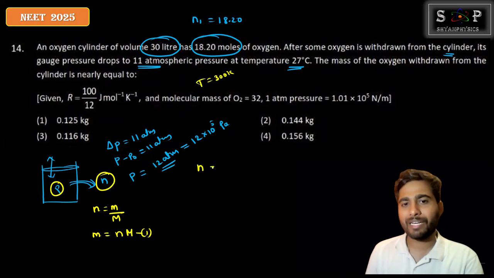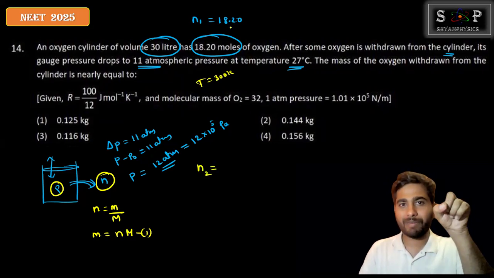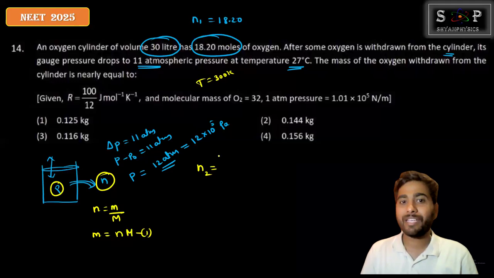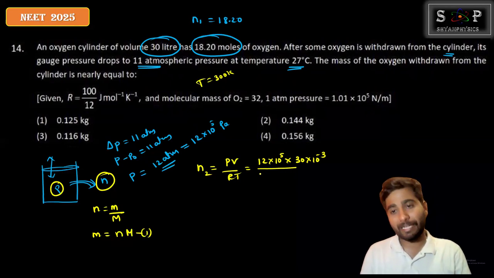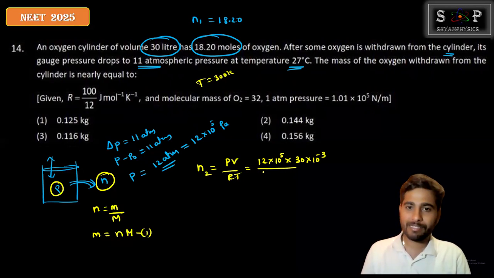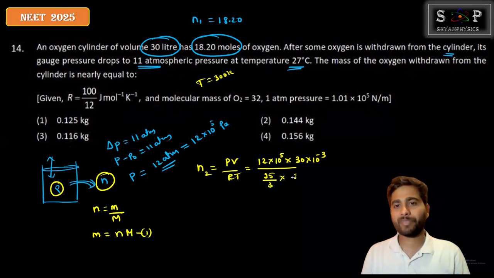So I will write N1 is the given 18.20. N2 will be equal to PV by RT. Pressure is now 12 into 10 to the power 5 Pascal. Volume is 30 liters, 30 into 10 to the power minus 3 meter cube, divided by R value 100 by 12, which is nothing but 50 by 6, that is 25 by 3, into temperature 300 Kelvin.